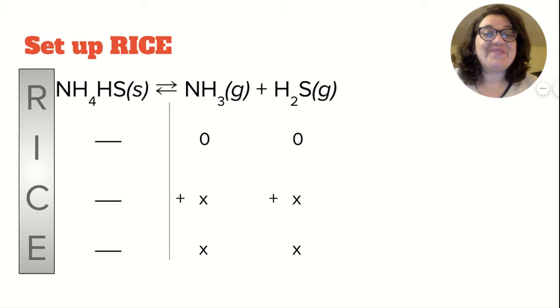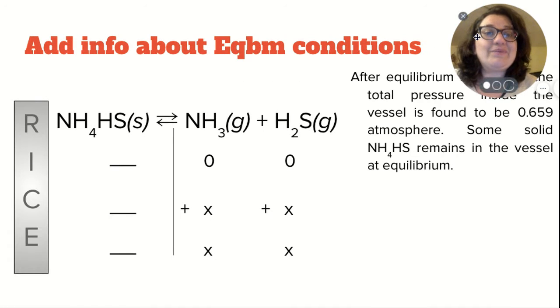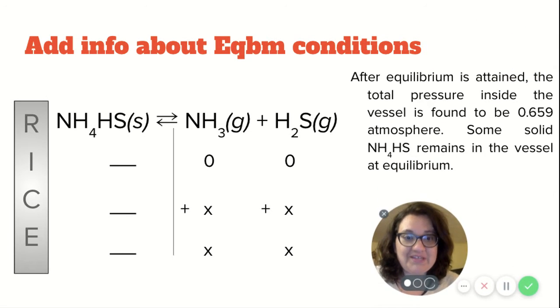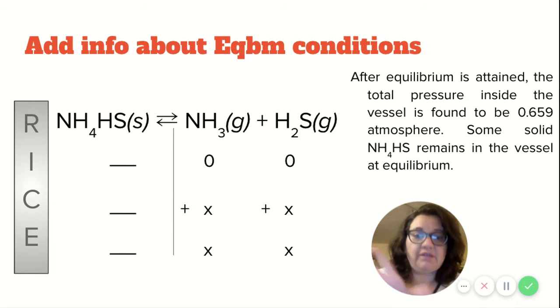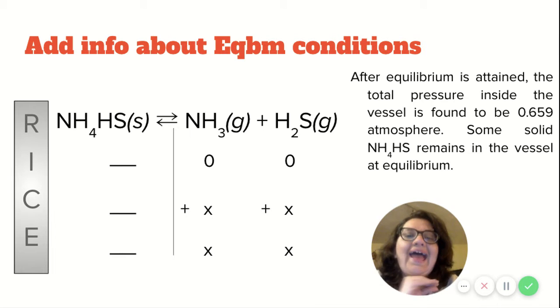So, what do I do next? Well, let me see what other information I have. After equilibrium is attained, the total pressure inside the vessel is found to be 0.659 atmospheres. Blah, blah, solid. I don't care about the solid. So at equilibrium, follow the line that starts with the E. There's X partial pressure of NH3, and there's X partial pressure of H2S.